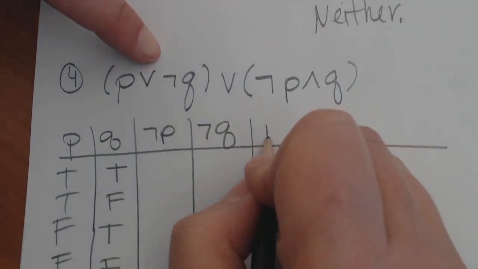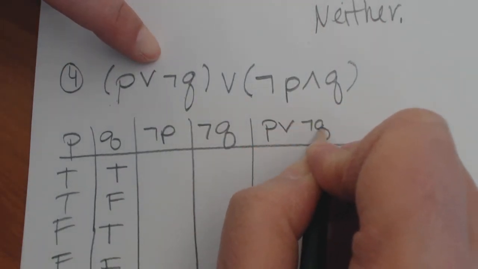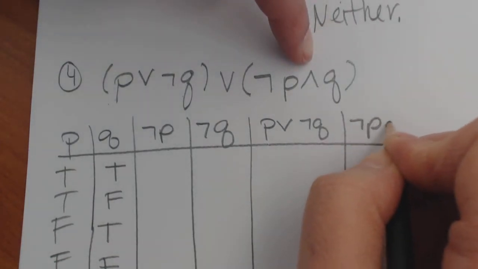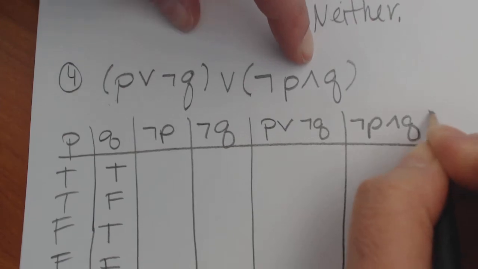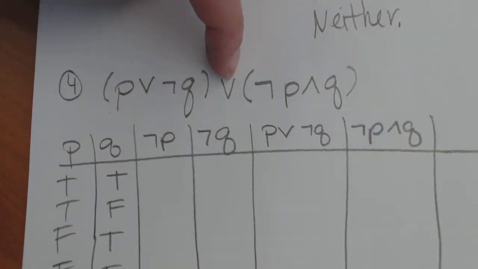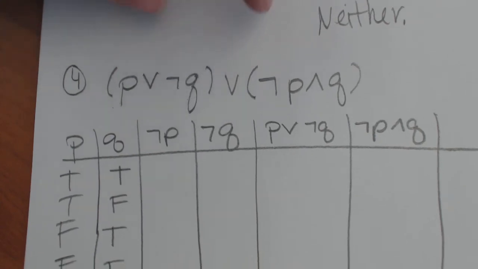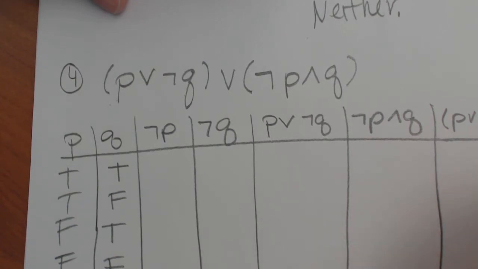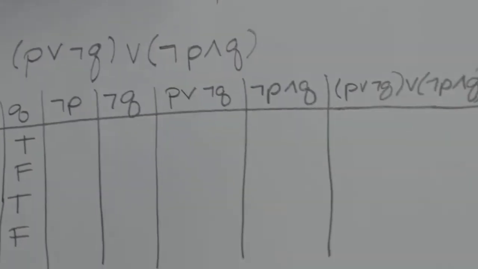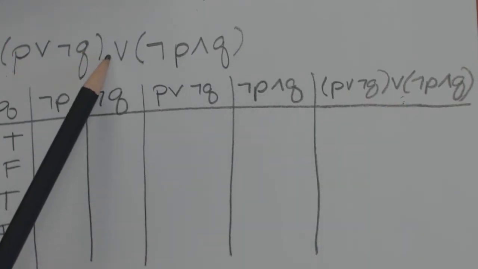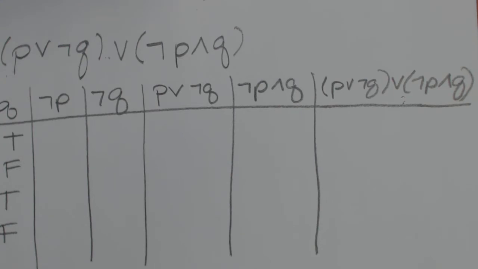So I need to put this one down first, P or not Q. Then I put down this one second, not P and Q. Once I have those 2 down, I can write the entire argument down with this connective here: P or not Q, or not P and Q. That's why I said it was going to be long. This is my original, which should match back to the original they gave me, and it does.